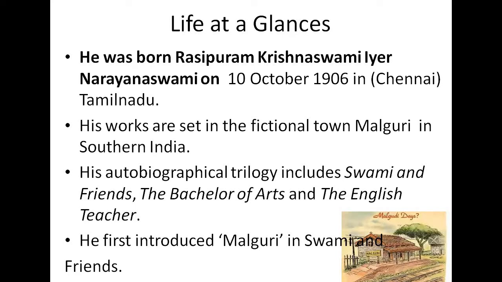R.K. Narayan's novels were set in the fictional town Malgudi. So at times he is also called the Faulkner of India. When critics review his work, they compare him to William Faulkner.